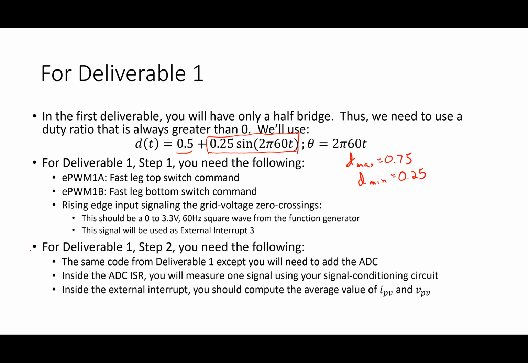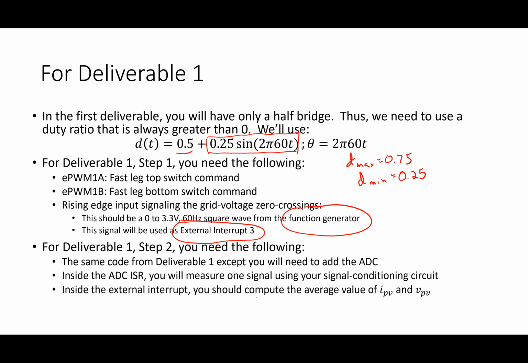So I keep talking about the grid voltage, but you're going to create a 60 hertz square wave from the function generator. We're not ready to connect up to the grid, and you're going to use external interrupt 3 for that signal.